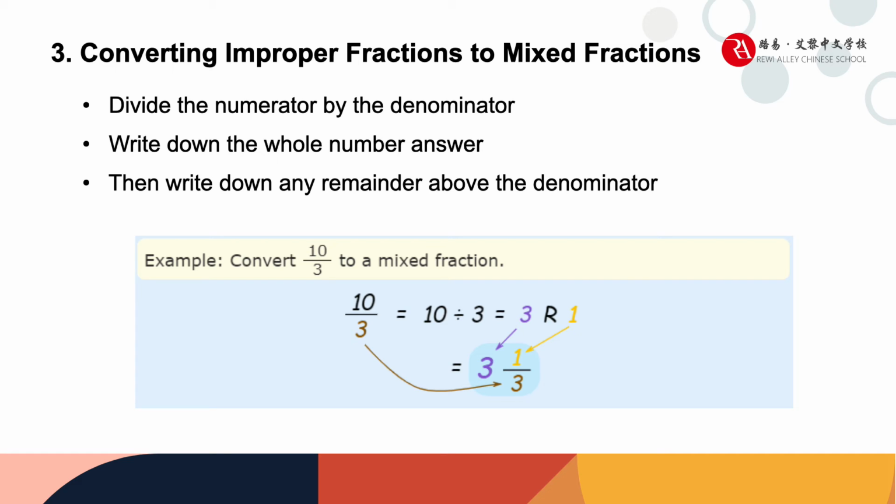Then we put the quotient at the whole number part, put the remainder at the numerator part, and remain the denominator as 3. Finally, the improper fraction 10 over 3 is converted to a mixed fraction 3 and 1 over 3.